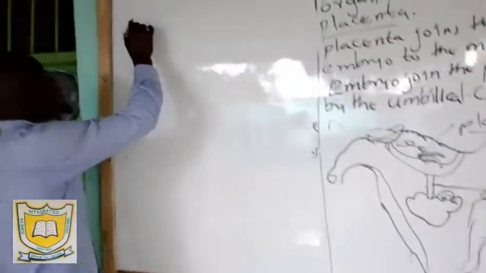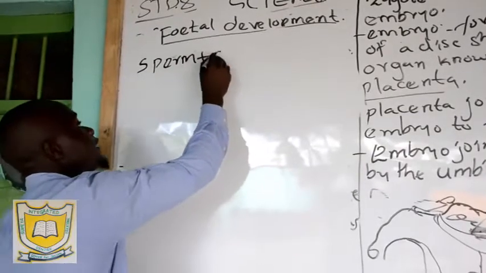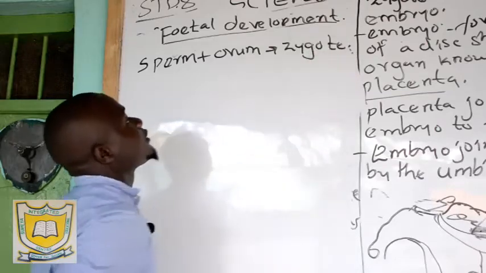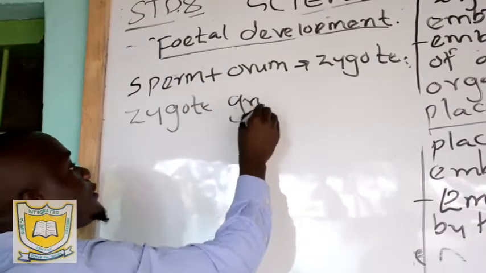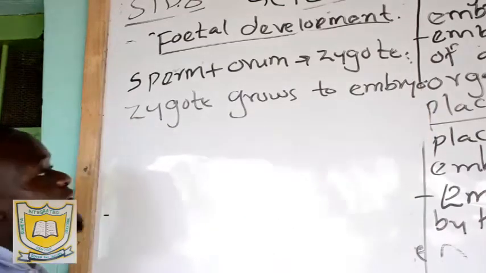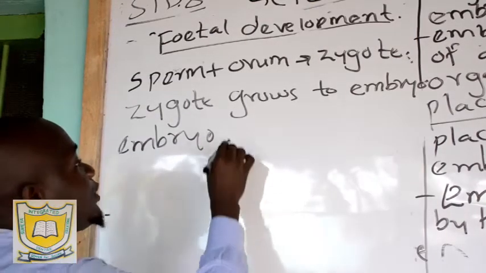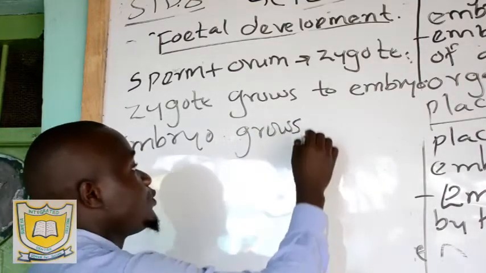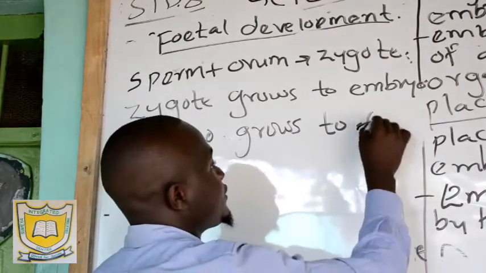First, we said we have a union, that is sperm plus ovum, which gave us a zygote. Thereafter, the zygote grows to an embryo. Then the embryo develops or grows to a fetus.